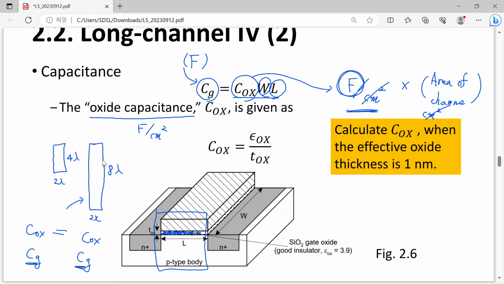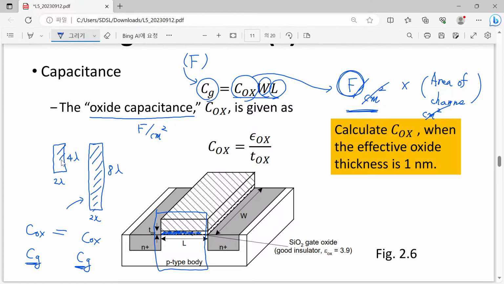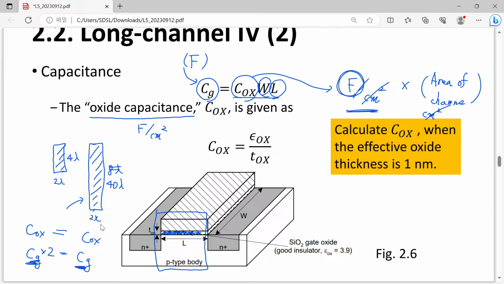So now we have twice wider area than this minimum sized one. So when we multiply by twice the original one, we will have the gate capacitance of the wide one. So are you all with me? If you have 10 times wider, then you will have 10 times more gate capacitance. However, that is just scaled by its area.